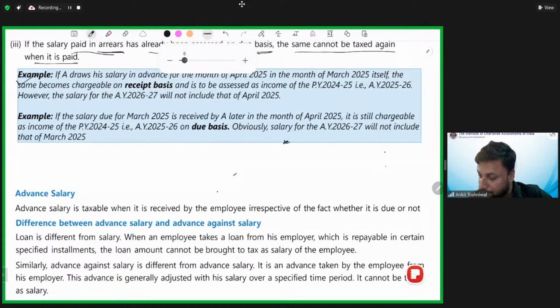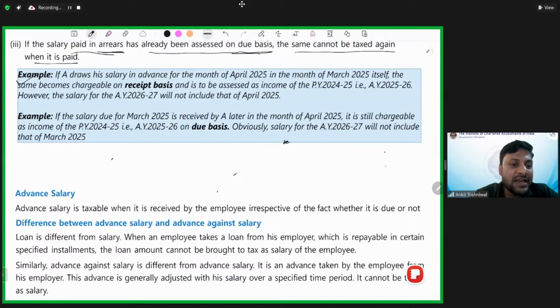Second example. If the salary due for March 25 is received by A later in the month of April 25, it is still chargeable as an income of the previous year 24-25. Why? Salary due for March received by Mr. A in the month of April, but it is still chargeable in the previous year 24-25.